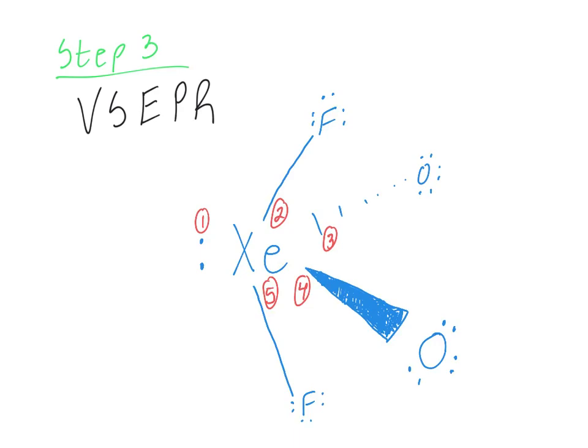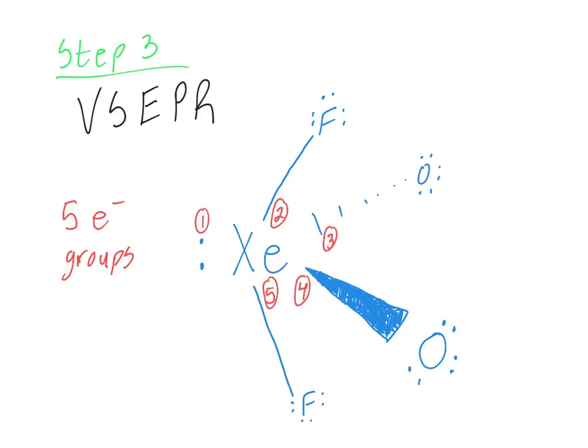So you would simply have 5 electron groups in this VSEPR model.